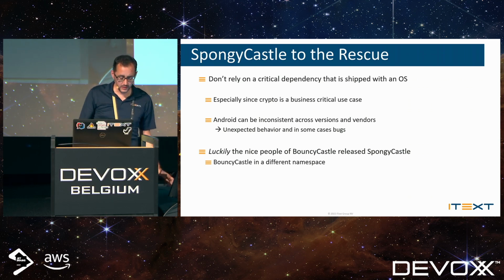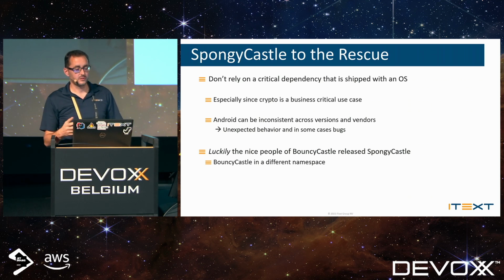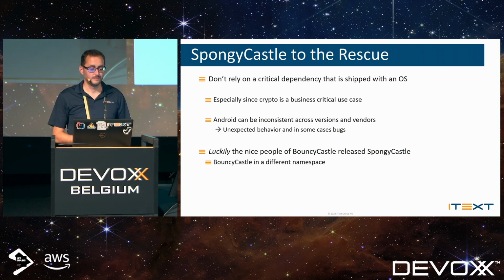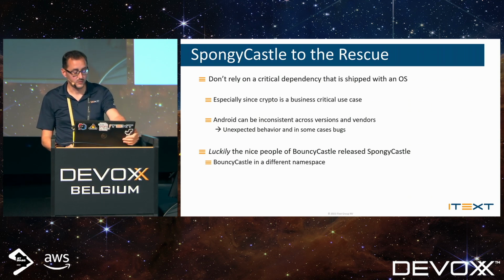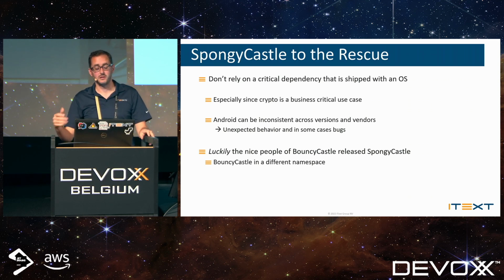So they realized, don't rely on a critical dependency that shipped with an OS. Especially because crypto is quite critical in most cases. You don't want your signatures to be unexpectedly behaving. You don't want your signatures to go bad or validate badly in a wrong way.